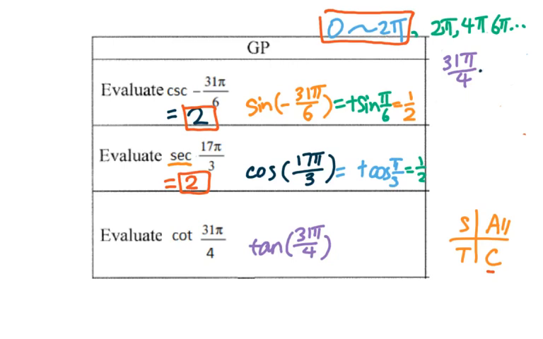Therefore, you subtract 6 pi. Then we cross multiply to the top. I get 31 pi minus 24 pi. Your denominator is 4. 31 pi minus 24 pi means 7 pi.